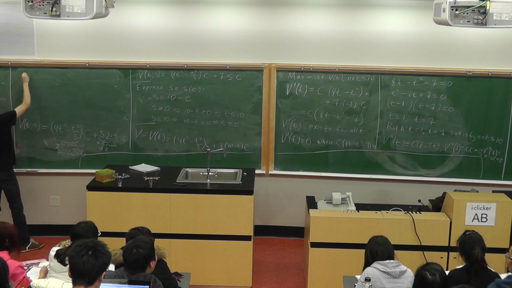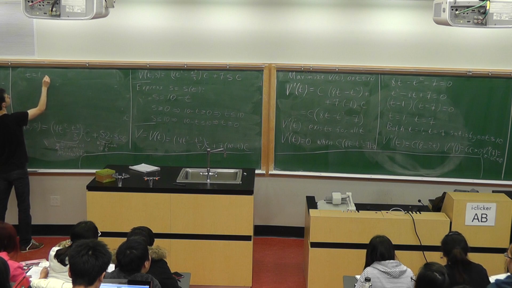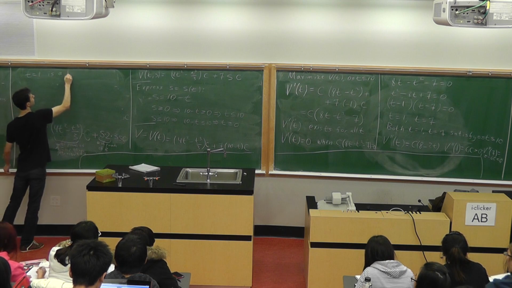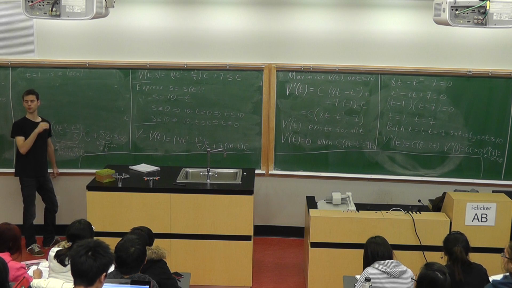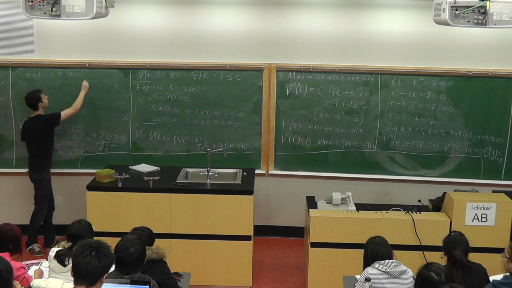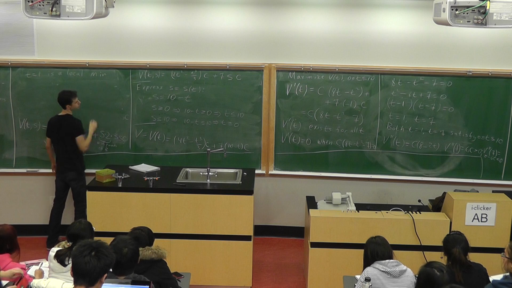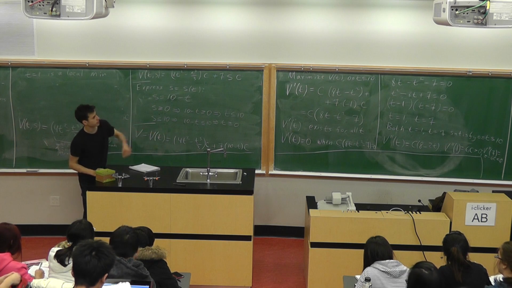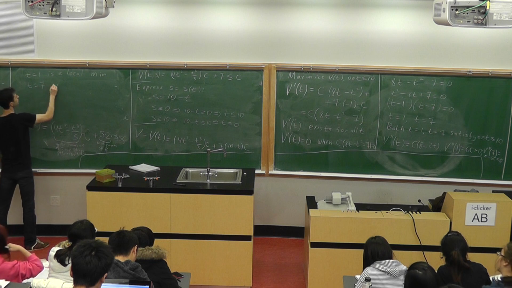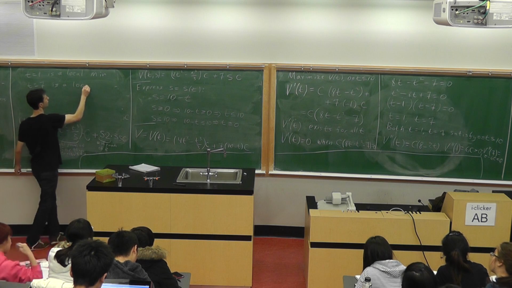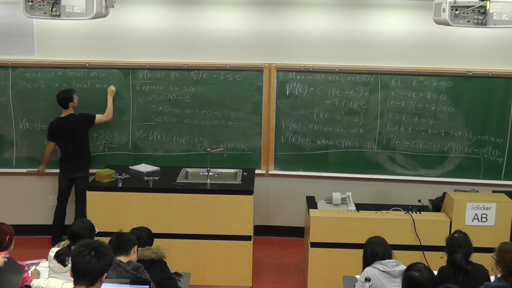Well, t equal to 1 is a local, which one? Maximum or minimum? Minimum. So my function at this point is concave up, so it is local minimum, and t equal to 7 is the local maximum.